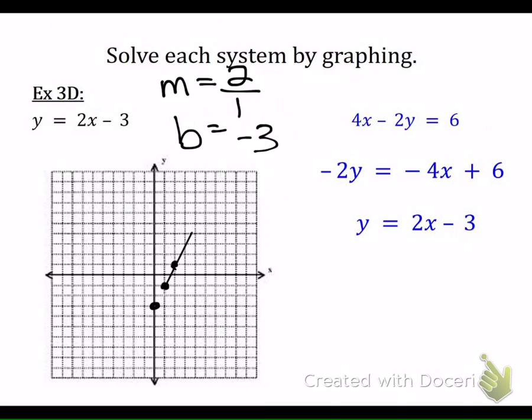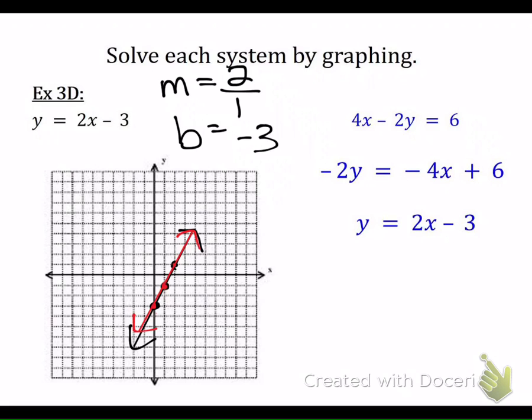When I graph this line, then I go to graph the other line. It's right there. I'm still going down to -3. Then I'm rising 1, 2, running 1. See how I'm just graphing a line right on top of itself? You don't really have to do that, okay? Once you see that it's the same line, it's the same line.